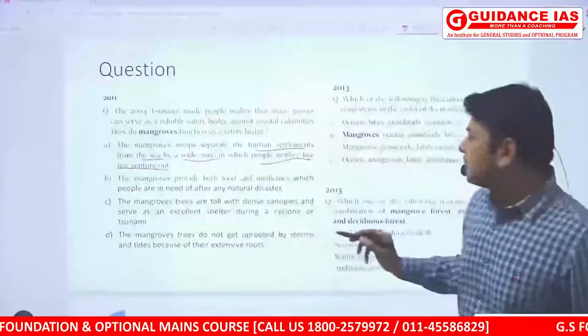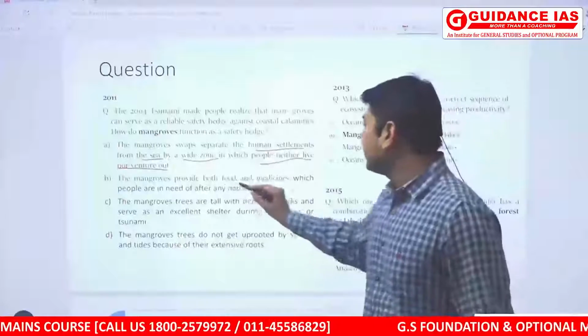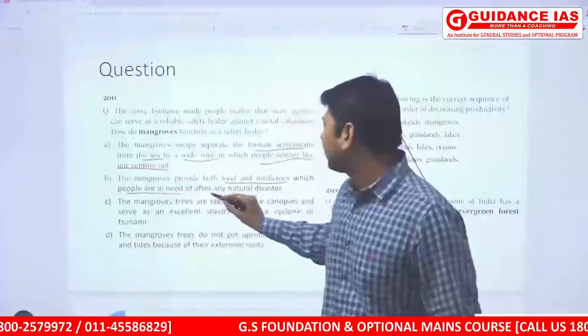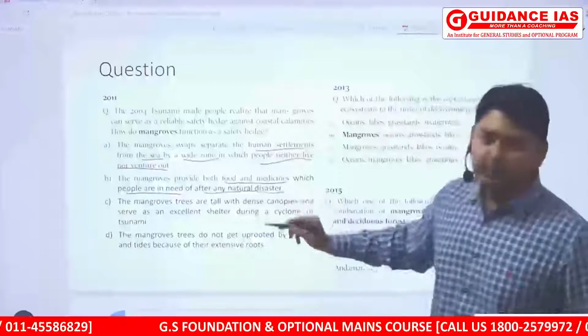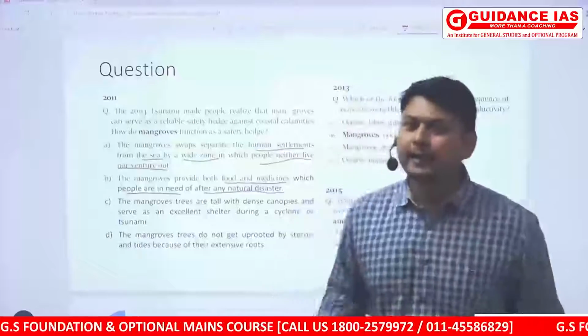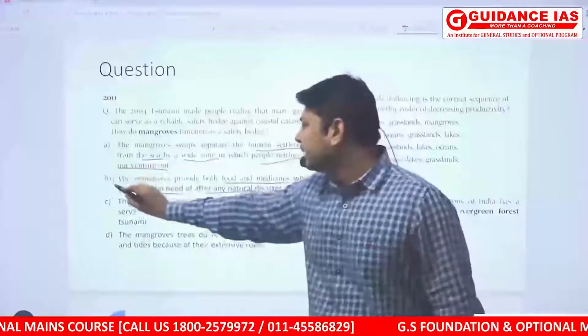Okay. The second option is: the mangroves provide both food and medicine, which people need after any natural disaster. Everyone knows that we do not eat mangroves or any of their parts, so this is eliminated.